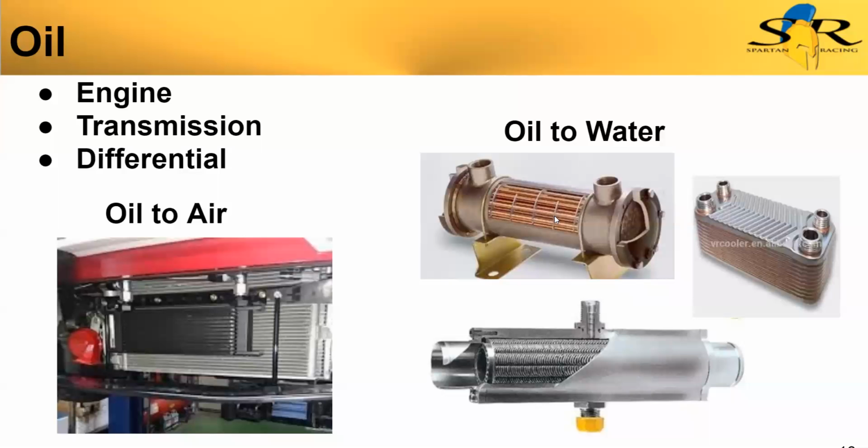That heat is transferred to the water of the main engine cooling system and then rejected through the radiator. Some of the benefits of this are that water is a better conductor and is more effective at moving heat than air is.